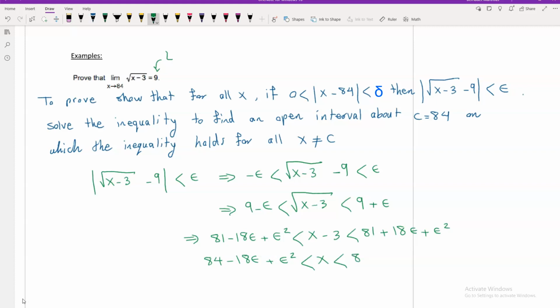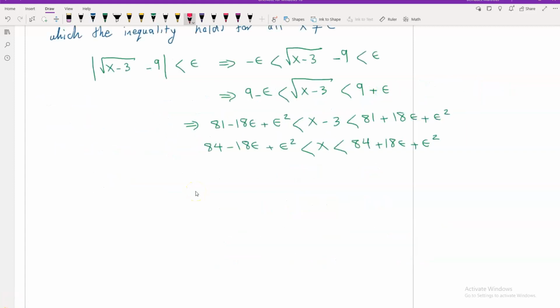And here 84 plus 18 epsilon plus epsilon squared. Now that we have our interval, we can find delta.